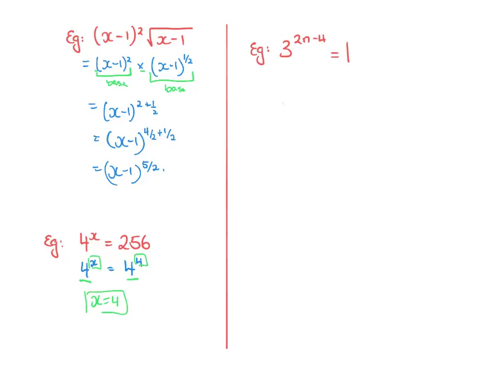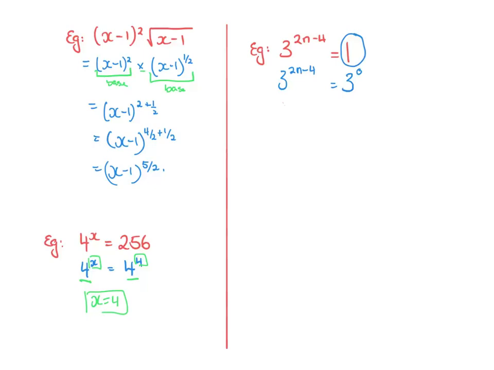Over here in this other example, I've got 3 to the power of 2n minus 4. We want to get this side to be the same base. We know 3 to the power of 0, because anything to the power of 0 is 1, so I could write 1 as 3 to the power of 0.